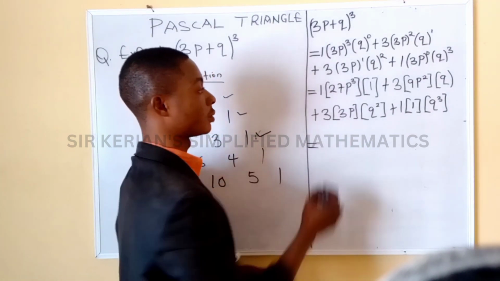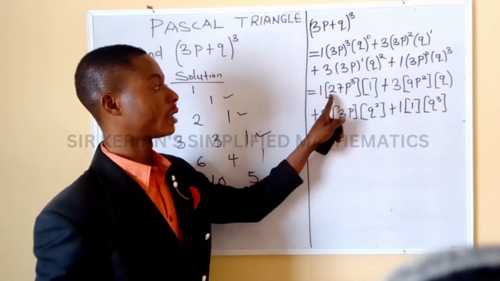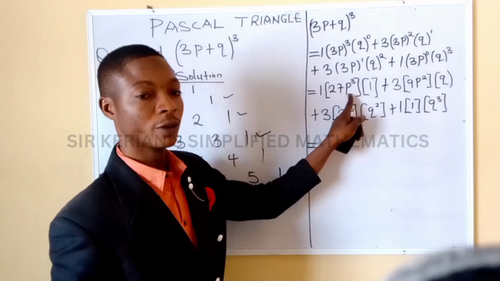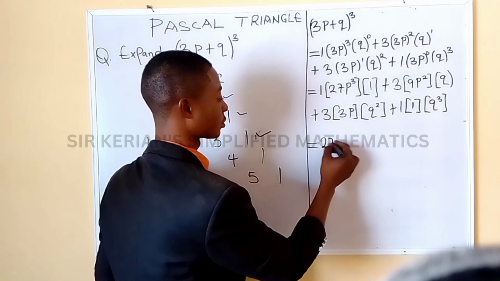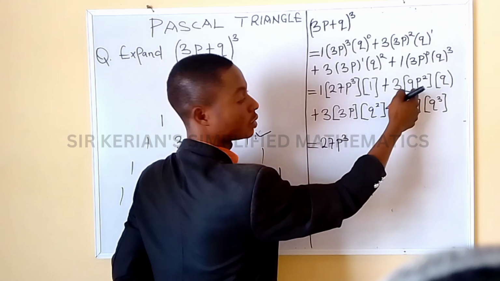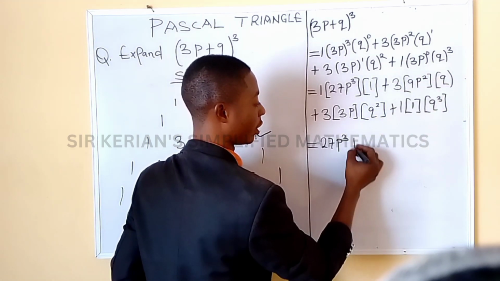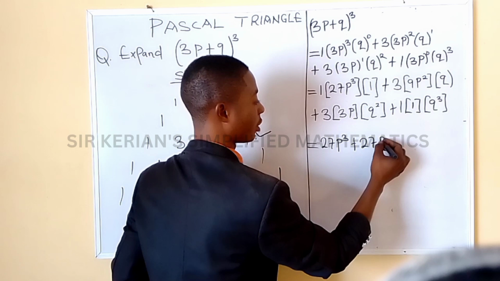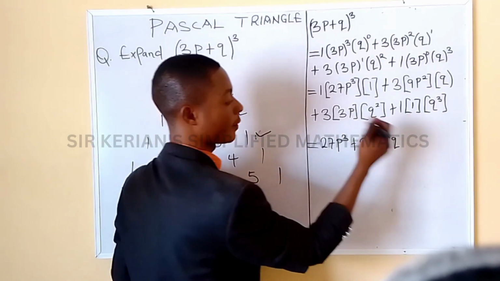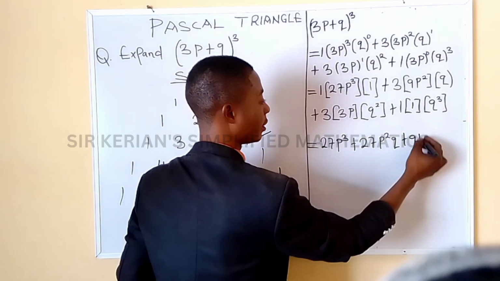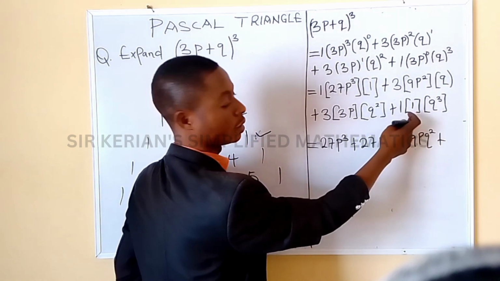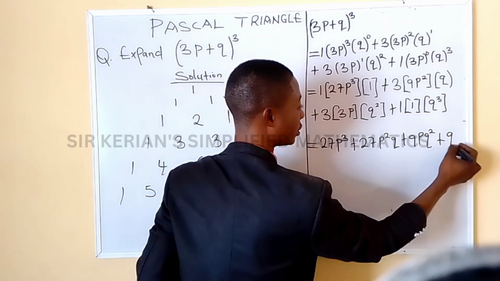Alright, so the next step is we simplify by multiplying. 1 times 27 is 27, times 1 is still 27, with p cubed is 27p cubed. 3 times 9 is 27, arrange your p squared and your q. 3 times 3 is 9, 9pq squared, and then lastly 1 times 1 is 1, times q cubed is q cubed.